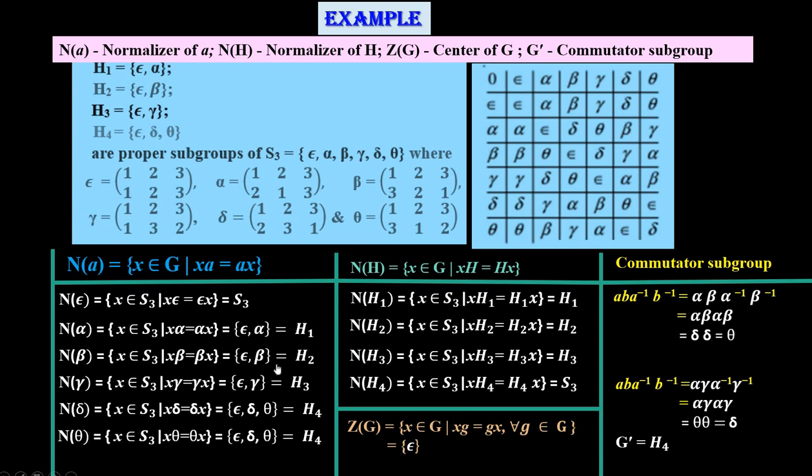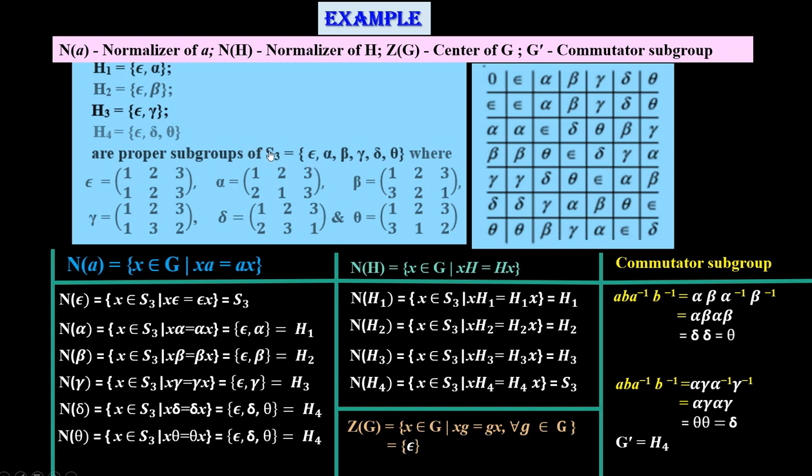Now, to illustrate the normalizer of an element, normalizer of a subgroup, commutator subgroup, and center of G, let us consider this example S3. We know pretty well that H1, H2, H3, H4 are the 4 proper subgroups of S3.